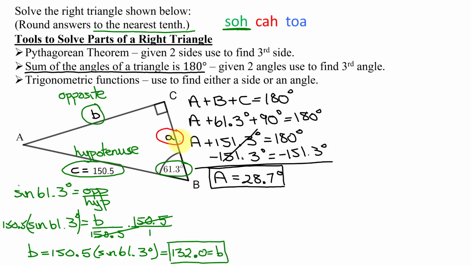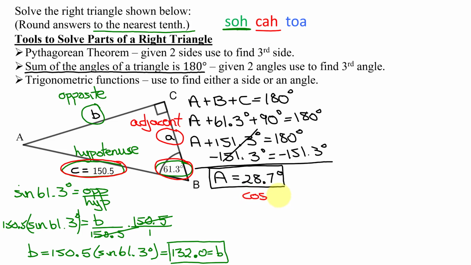I prefer to use given information, which is the value of angle B and the length of side C. Can I set up a trig function using these three pieces of information? Well, side A is the side that is adjacent to angle B. And can I set up a trig function involving adjacent and hypotenuse? Yes, it comes from here.